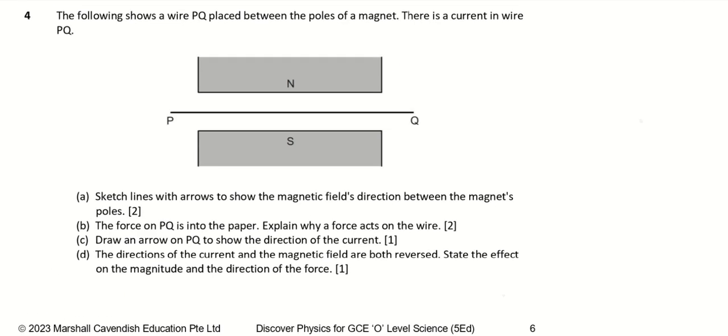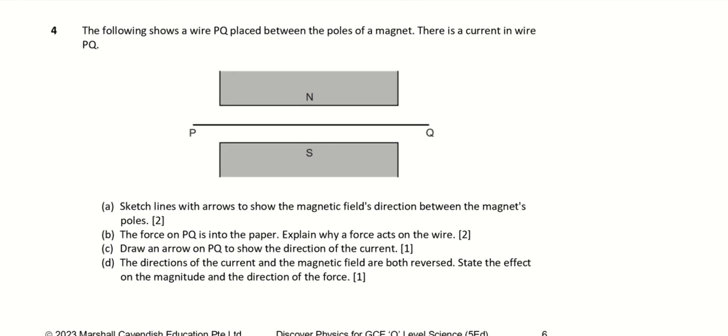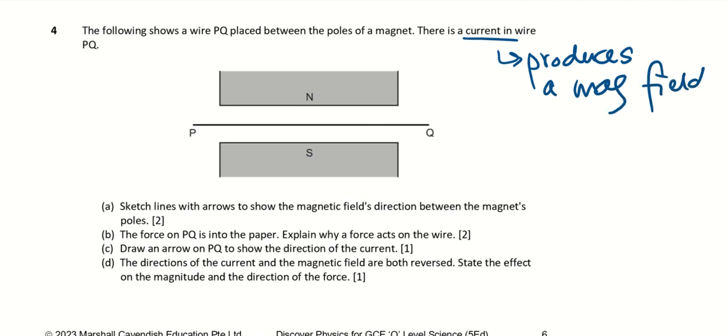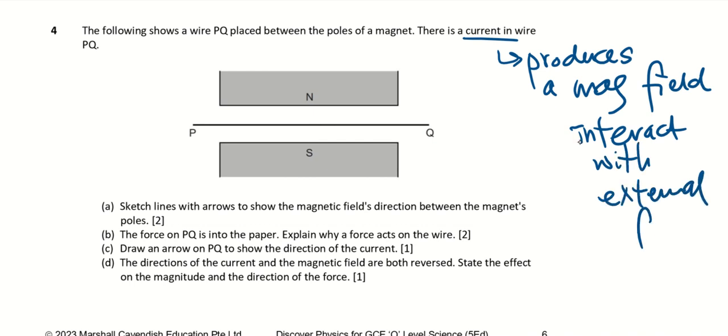Okay, the following shows a wire PQ placed between the poles. There's a current in wire PQ. So when there's a current, it will produce a magnetic field, and when it produces a magnetic field, it will interact with the external magnetic field, which is there.